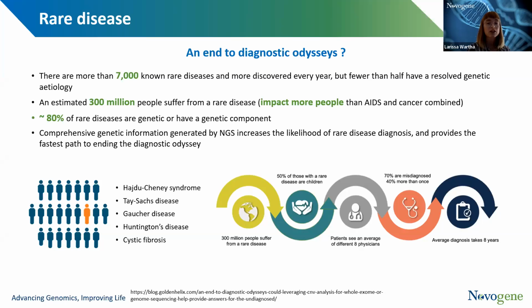NGS increases the likelihood of rare disease diagnosis and provides the fastest path to end the diagnostic odyssey. However, you can see in this picture that it still takes an average of around 8 years. Some common rare diseases are Gaucher disease, Huntington disease, cystic fibrosis, and many more.